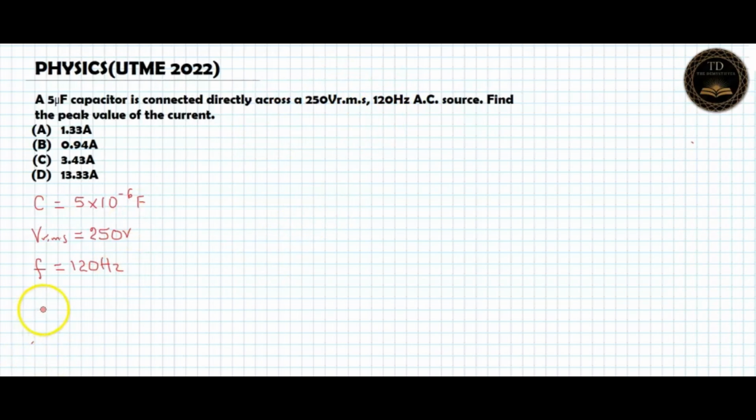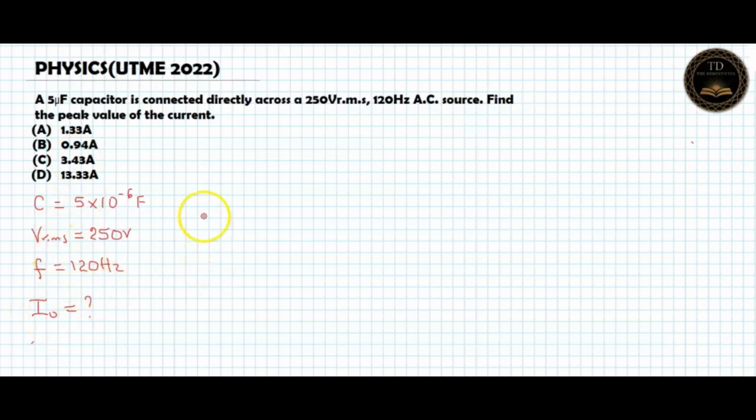So we're looking for the peak value of the current, and that's I naught. Basically we need to look for a way to get right to this by getting all the formulas that will connect us to it based on what we've been given.